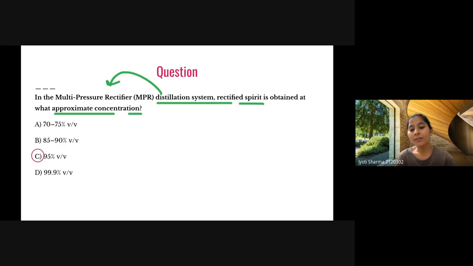But before that, you have to understand what we mean by rectified spirit, and then how much concentration we will get of this rectified spirit. Distillation system, you know about this, but we have a very specific distillation system known as the multi-pressure rectifier distillation system. So first we will learn what we mean by rectified spirit, and then why this concentration is very high.